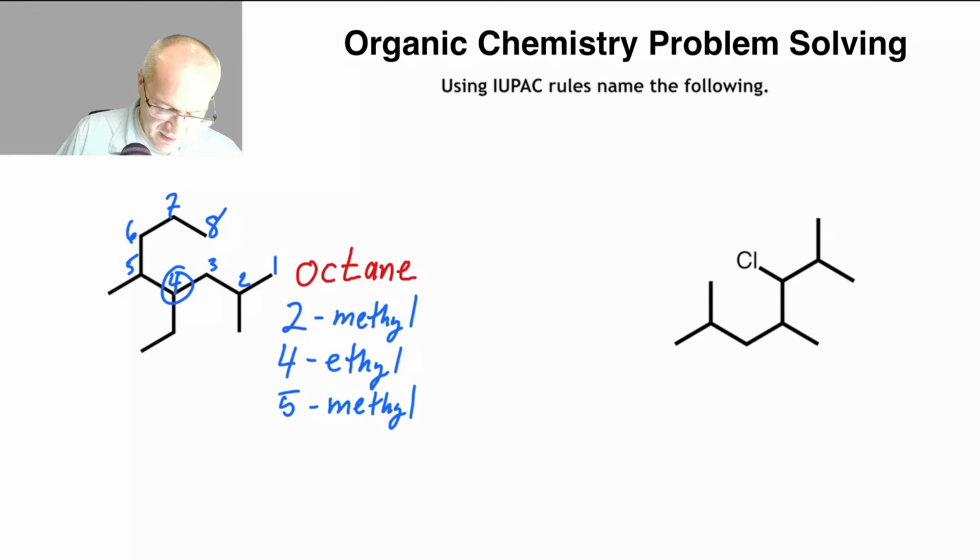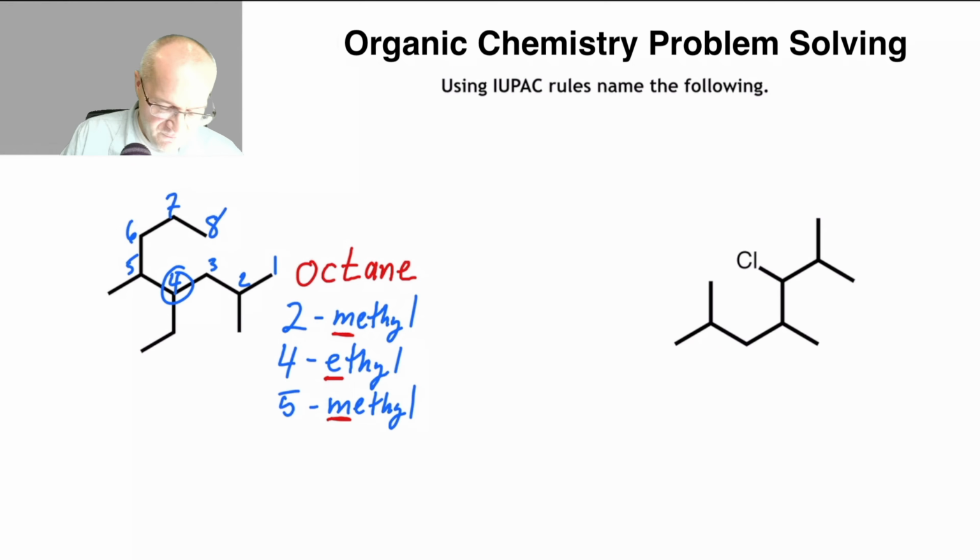So put it all together. When you have more than one type of substituent, it has to be in alphabetical order using the first letter of the substituent names. So here we have ethyl and methyl. E versus M. E comes first in the alphabet, so E comes first in the name.